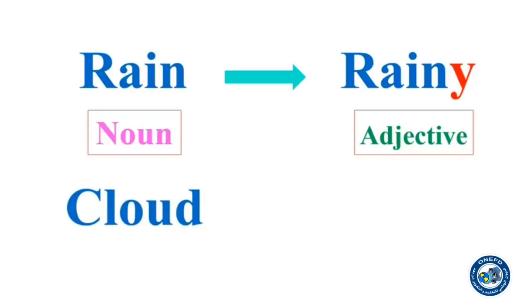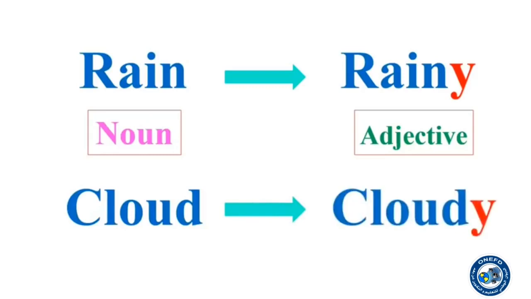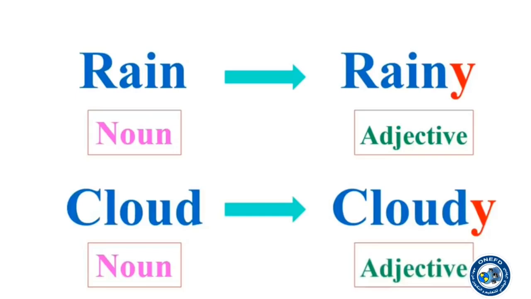Like cloud. Cloud is a noun form. When we change it into an adjective, we say cloudy. We add the suffix y at the end to change from noun to adjective.